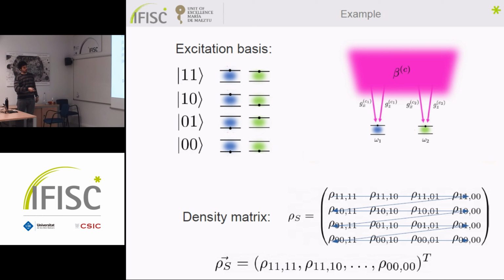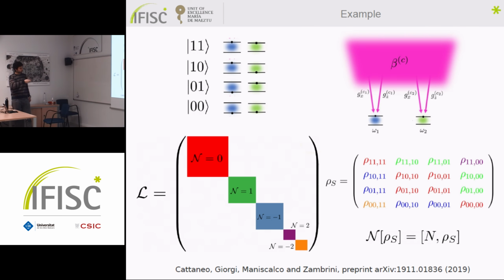This goes from a 4 times 4 matrix to a 16-dimensional vector, following this order. Okay. And now I'm ready to consider the Liouvillian superoperator, which is now acting on this 16-dimensional vector. And, okay, recall the rule. The rule was that the number superoperator was counting the number of excitations in the ket minus the number of excitations in the bra.